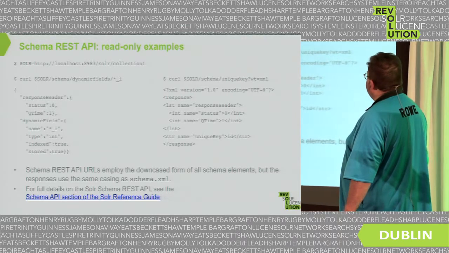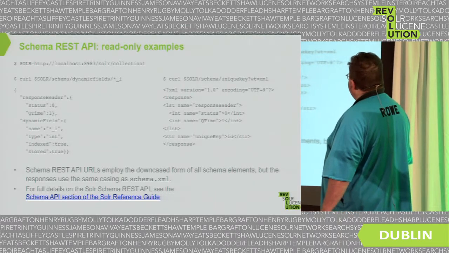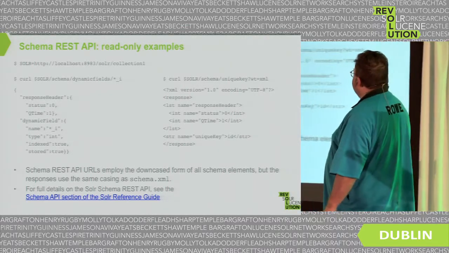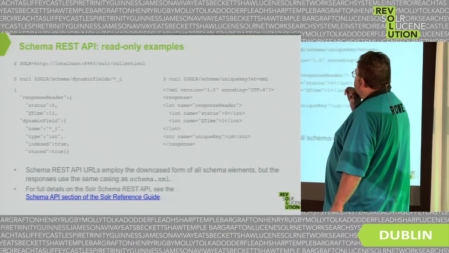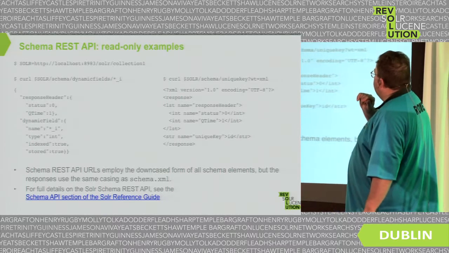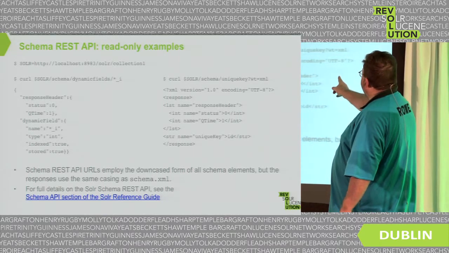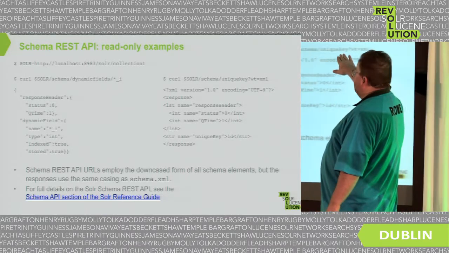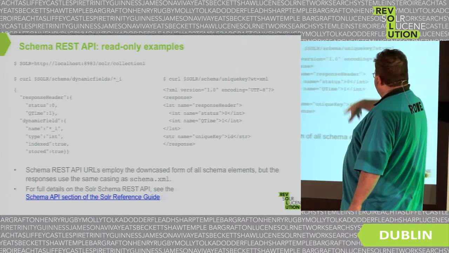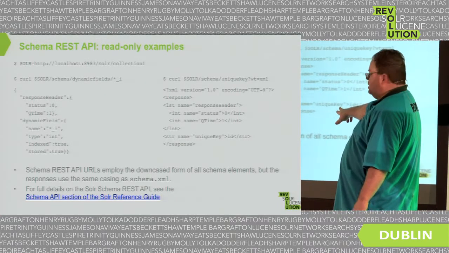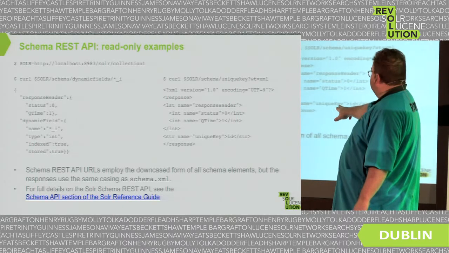One thing that maybe is not obvious, but when I was setting up the URLs for the different elements of the schema, I made all of them downcased, and in the response, the same casing as in schema.xml.